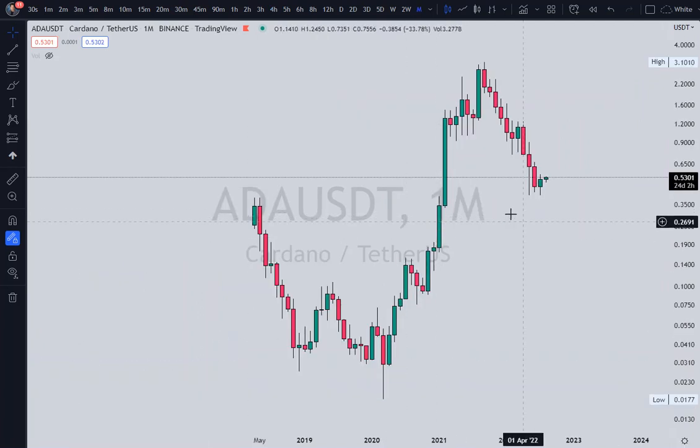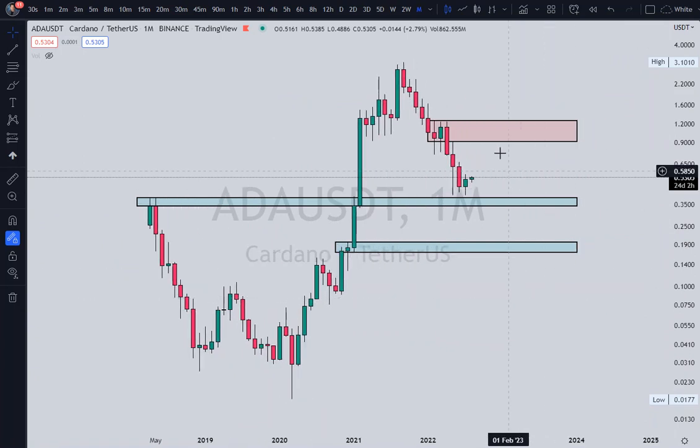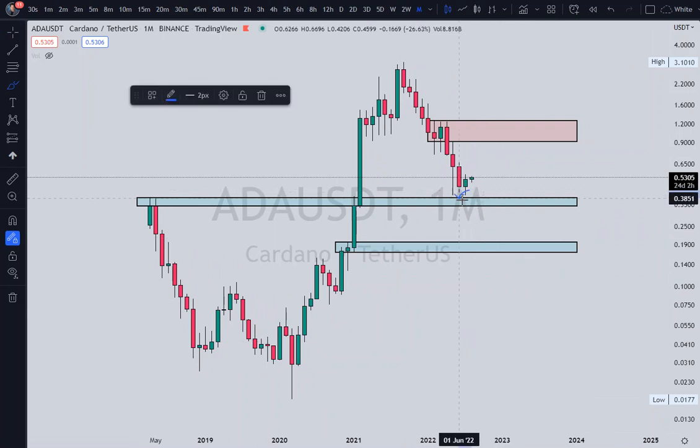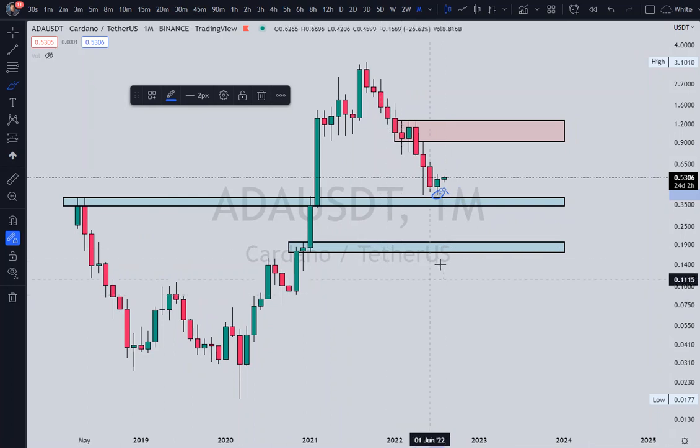Okay, this is Cardano in monthly time frame. In monthly time frame, these are important price levels. We already see a reaction here close to this support, and I still think this support will be tested soon in this bear market.